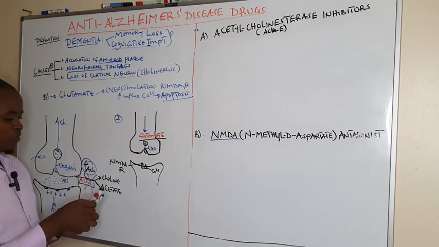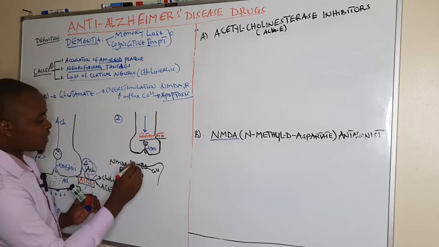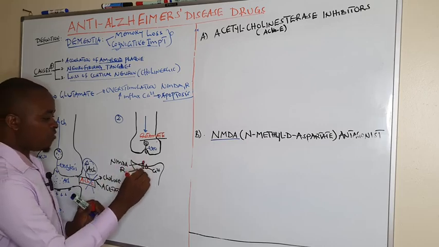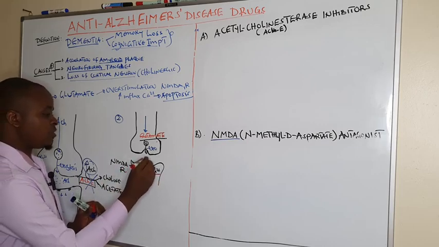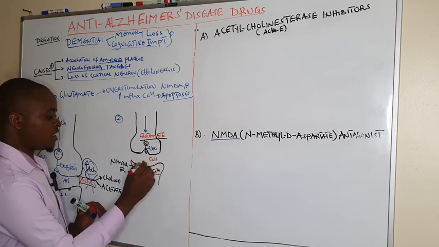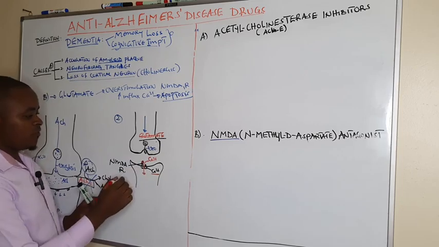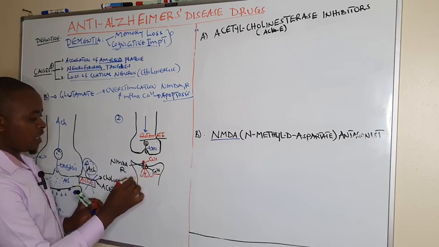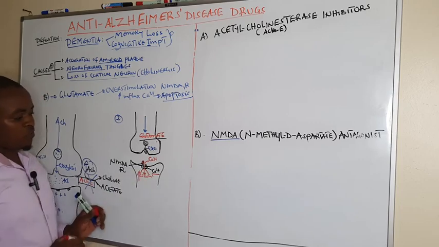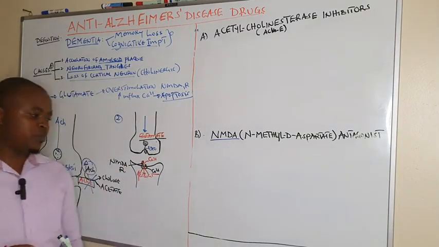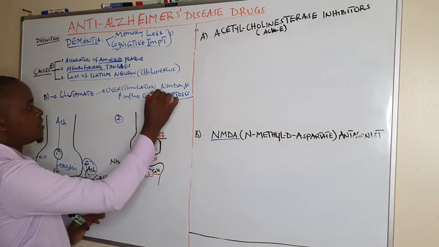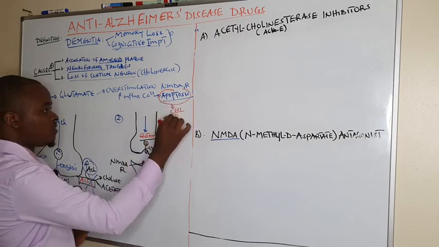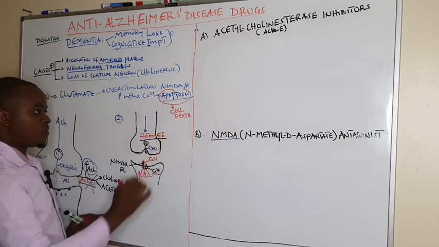When there is overproduction of glutamate, it binds to the NMDA receptors, leading to the opening of calcium gated channels, and we see increased influx of calcium from the cleft into the postsynaptic neuron. Increased entry of calcium in the postsynaptic neuron leads to apoptosis, which is programmed cell death or neuron death.